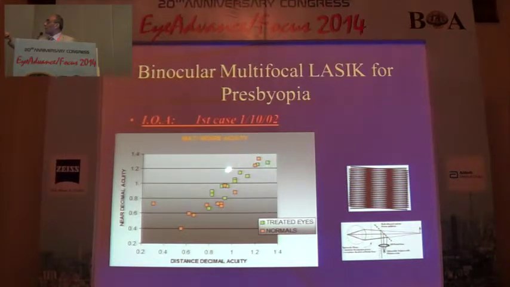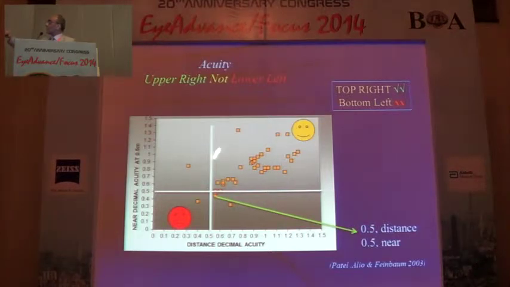And what we saw at that time was that the treated eyes tended to be in the top right-hand corner of this graph, compared with the normal age-matched patients who tend to be a little bit more drifting down towards the bottom left. Now that's important, because what it means is that if we drew this kind of graph, as long as our patients are in the top right-hand corner, they are in seventh heaven.